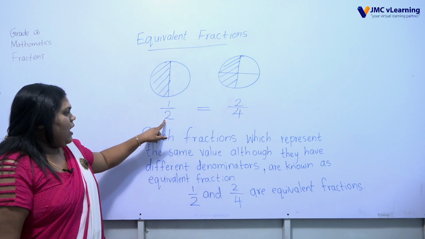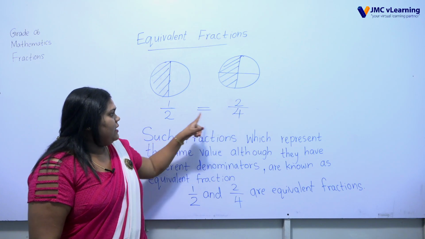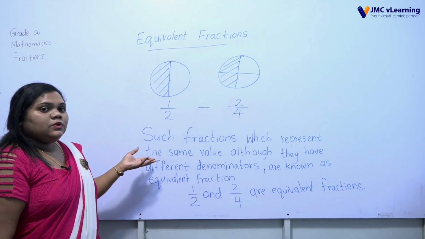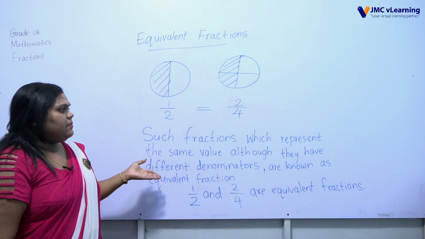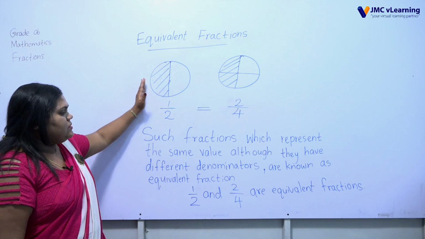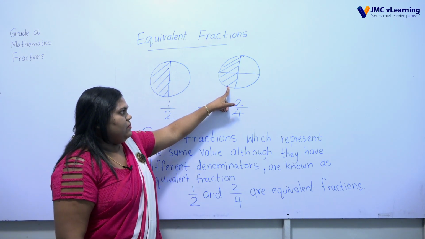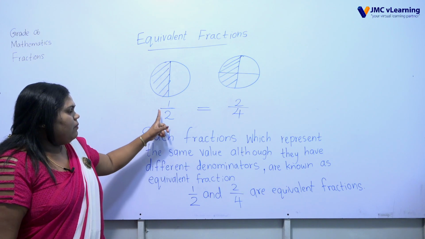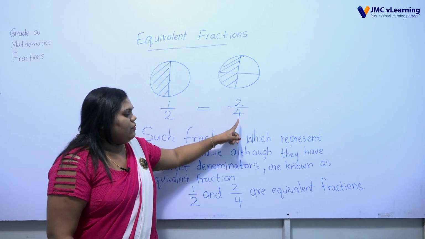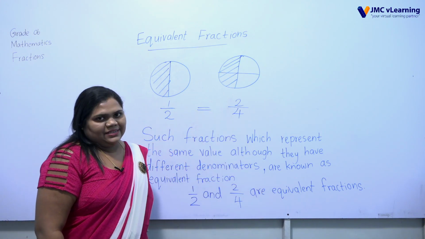When we look at the denominators, they are two different numbers but they show the same value. So 1/2 and 2 out of 4 are equivalent fractions.